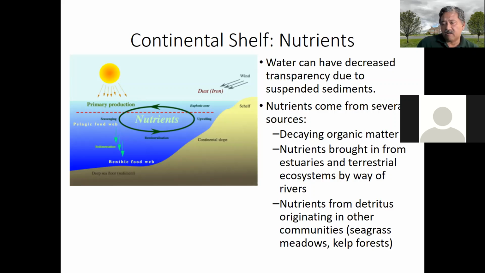So when things die off on the continents, if those dead organisms don't go directly into maybe an estuary off of the continental shelf, or a mangrove forest, or a seagrass meadow inside of a delta region, whatever you have there, you're going to have organisms, mostly plants, from other areas that are going to be breaking down and becoming part of the nutrient spectrum of the specific continental shelf ecosystem there.